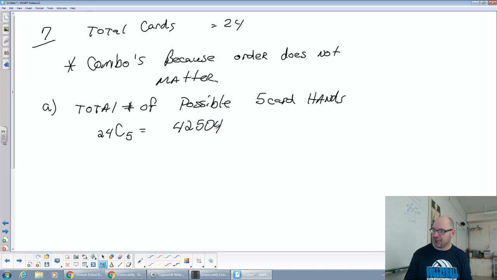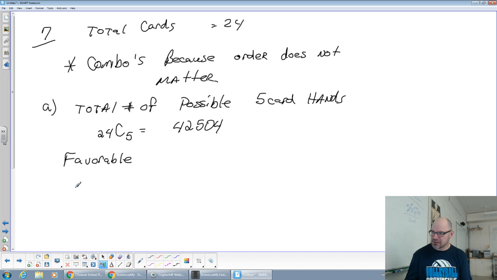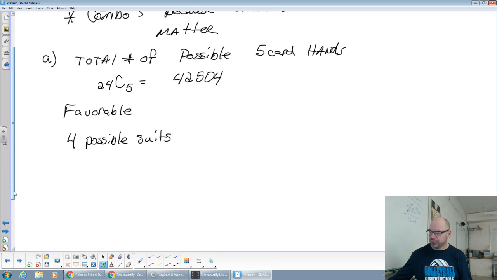So now you have to find the favorable. There are a couple of different ways to do this. You want to get ace, king, queen, jack of the same suit, but you have 5 cards. You could have diamonds, hearts, clubs, and spades, so there are 4 possible suits to look at.